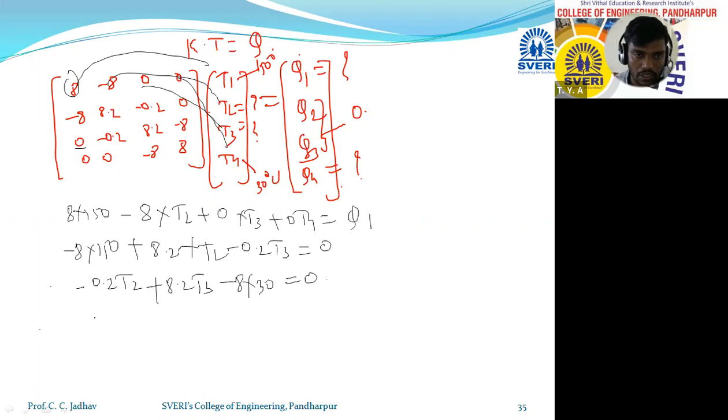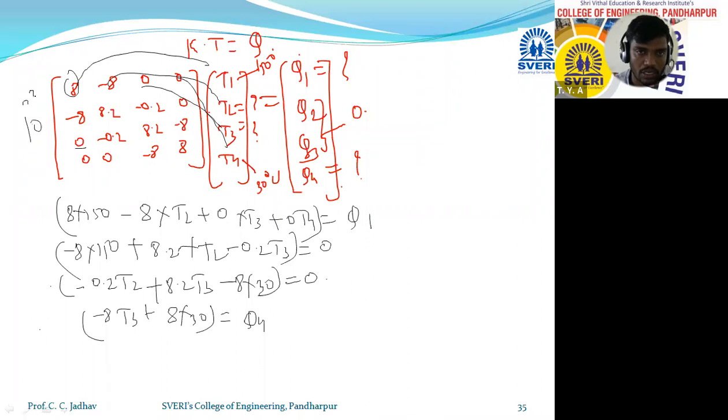And the last equation: 0 into T1, 0 into T2, minus 8 T3 plus 8 into 30 is equal to Q4. One factor is left, multiply by 10 raised to minus 3. It is left for all the equations, so outside is 10 raised to minus 3.